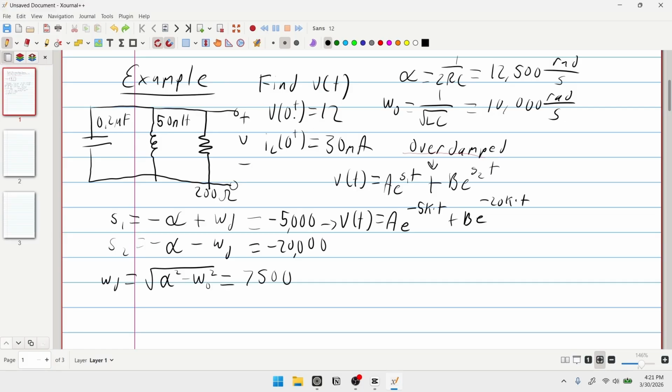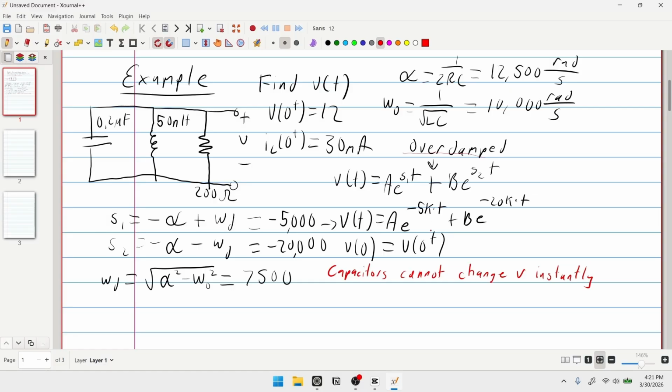So we know that our v of 0 plus equals 12, right? And so we want our v of 0, right? We know that this is equal to 0 plus because a capacitor cannot change voltage instantly, all right?